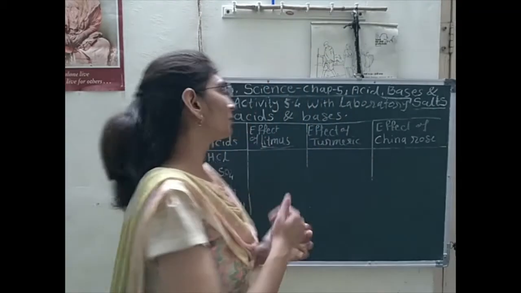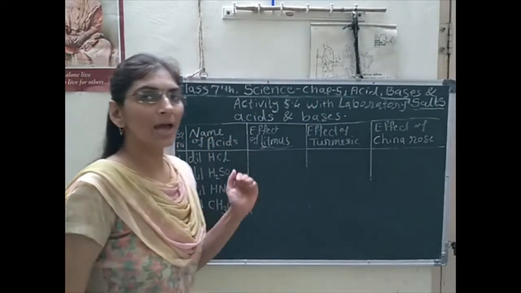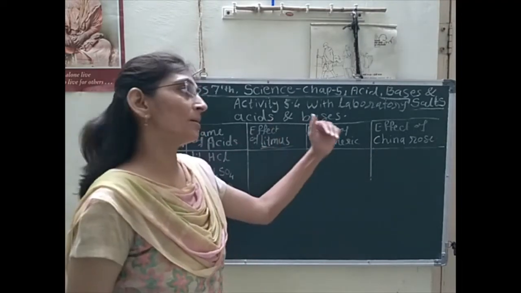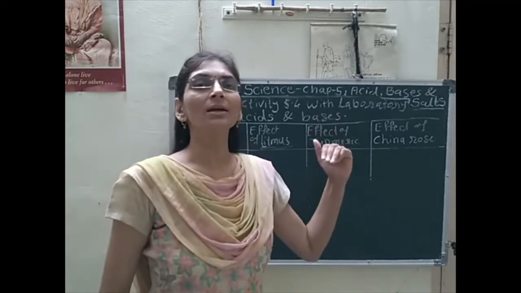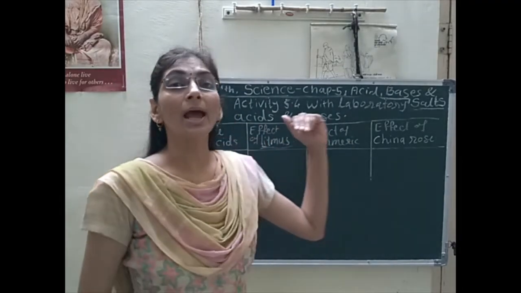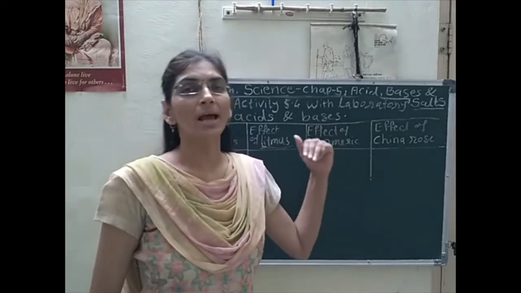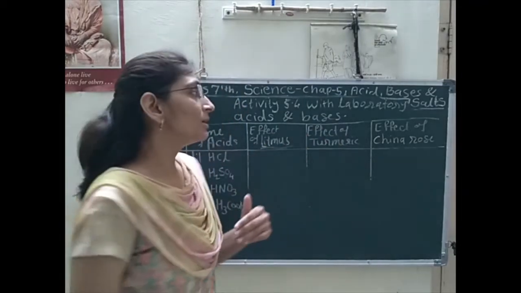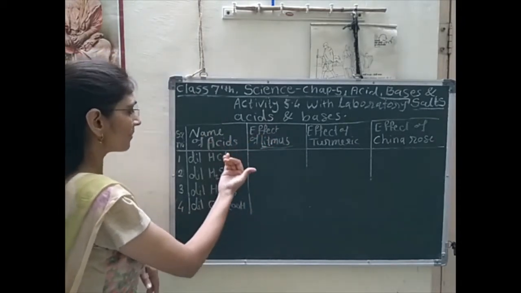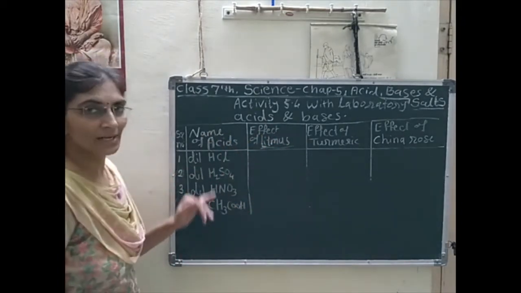But for today's experiment, we are using substances which are acidic, basic and neutral in nature. These substances are laboratory acids, laboratory bases and laboratory salts. Here we have chosen some samples of acids present in the laboratory.